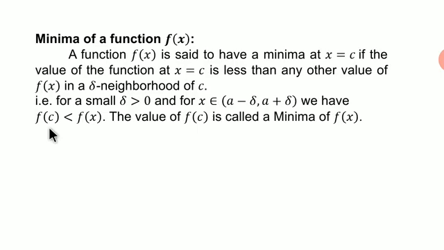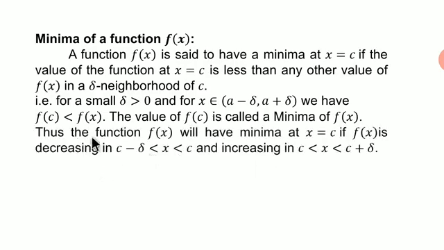Okay, and f of c is the minima value of the function at x is equal to c. That means the function f of x has the minima if this function is decreasing in open interval c minus delta to c and increasing in an open interval c to c plus delta.